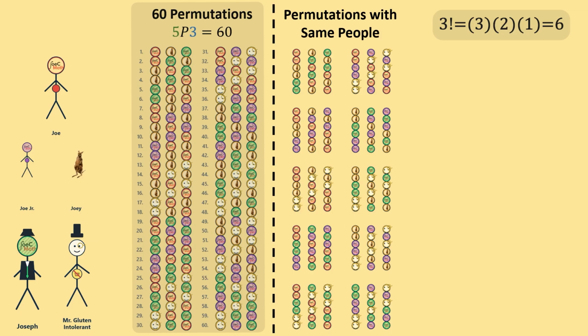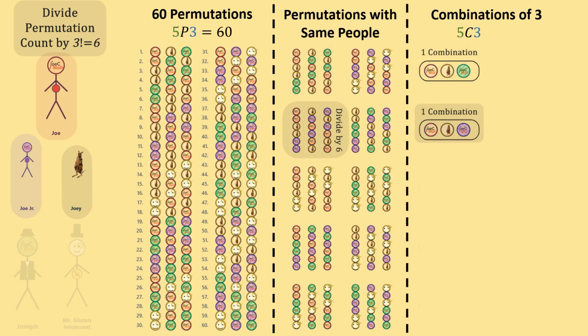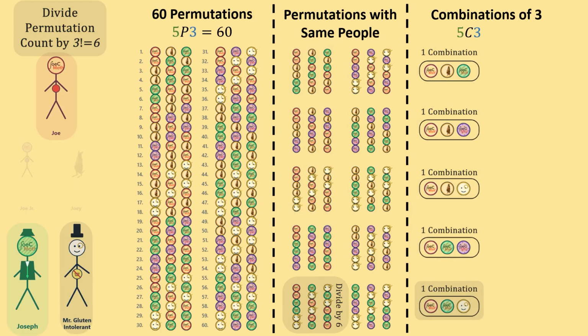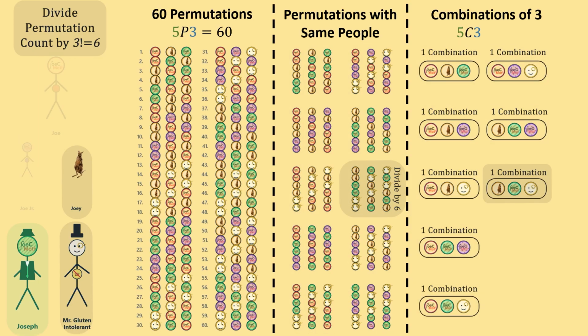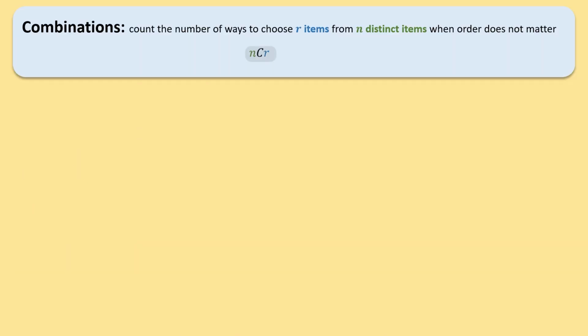That means if we divide by 3 factorial, we essentially deduplicate all the potential orderings of the same subsets and are left with the unique number of ways we can select subsets of 3 from the starting 5 people. This gives us the combination formula. nCr is equal to n factorial divided by the product of r factorial times the quantity n minus r factorial.